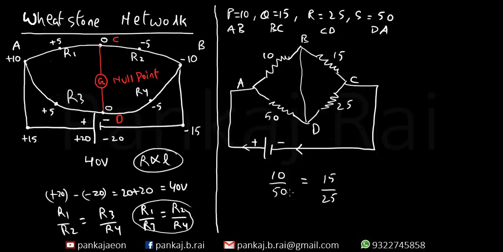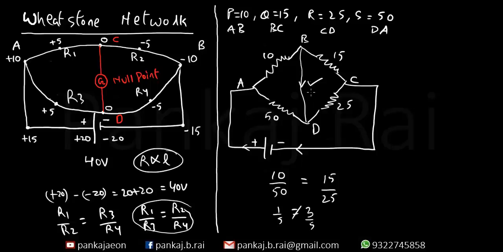So 10 by 50 is 1 by 5, and 15 by 25 is 3 by 5. So they are not equal. That means B and D are not equipotential points. So obviously there will be a flow of current in this wire. So this is not a balancing condition.